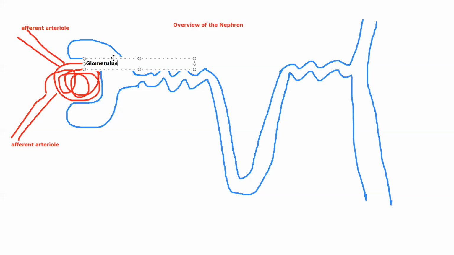We've got the proximal convoluted tubule, the distal convoluted tubule, and then our loop of Henle. Alrighty, and then the collecting duct.